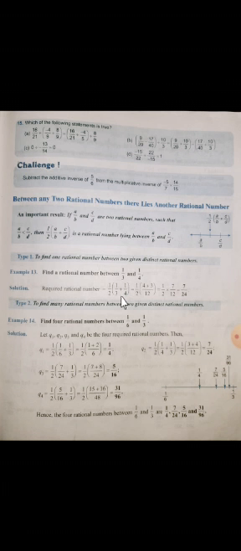Now we all know how to add two rational numbers. So LCM came 12. 3 divided by 12, 4, 4 ones are 4. 4 divided by 12, 3, 3 ones are 3. So half into 4 plus 3 equal to 7 by 12. So the sum of these two rational numbers is 7 by 12.